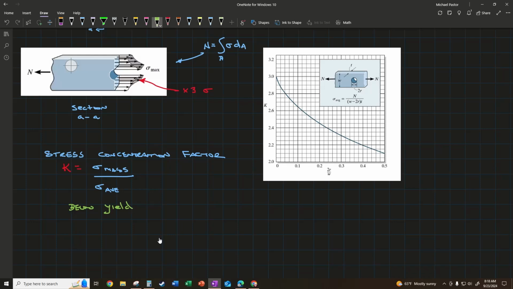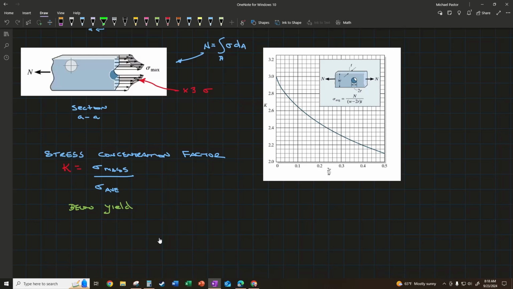But it's because of these concentrations that develop that cracks occur. And the crack will first develop at this point and then will propagate down and eventually lead to the failure of the section. This is the sort of thing that happened.